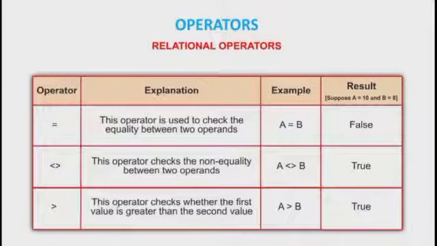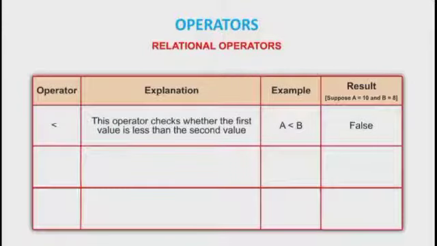Greater than: this operator checks whether the first value is greater than the second value. A is greater than B, the result is true. Less than: this operator checks whether the first value is less than the second value. A is less than B, so the result is false.